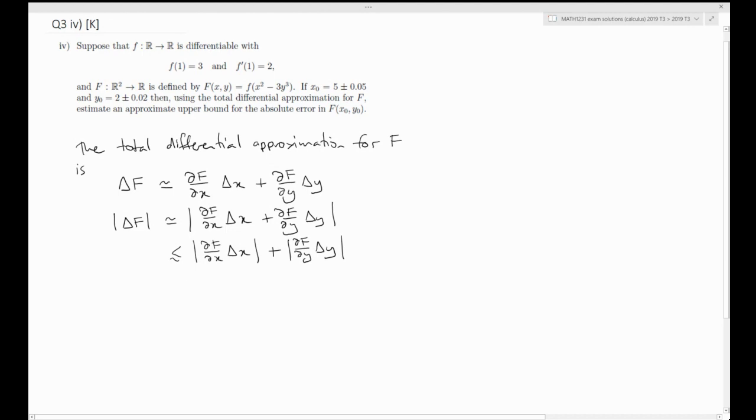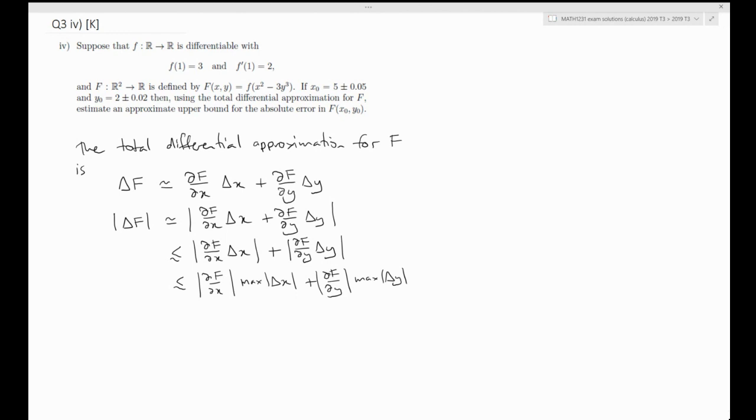Okay, now let's also say this is going to be less than or equal to the absolute value of partial df dx times the maximum possible value of this change in x, or its absolute value. And what we want is to figure out what all these quantities are from the given information.